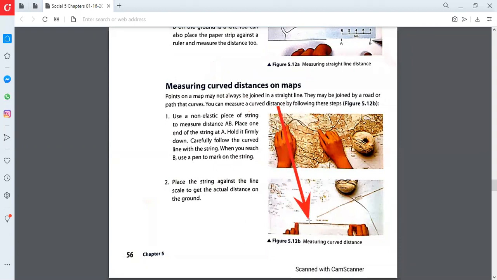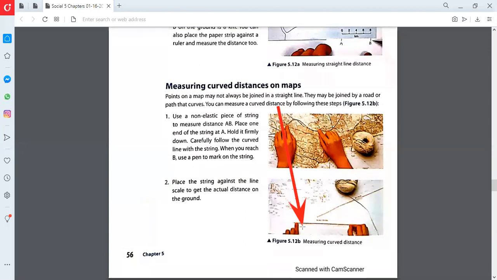Okay, you can use string, you can use thread, and you can measure the distance with the help of these things. You place the thread according to the road, and at the end, you measure that thread according to the scale, and you get to know how much is the distance between them.